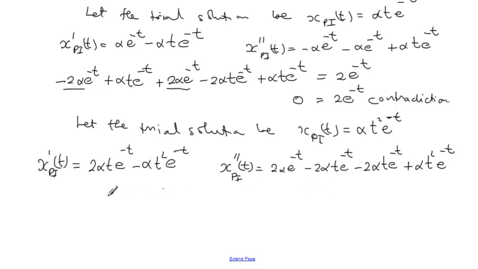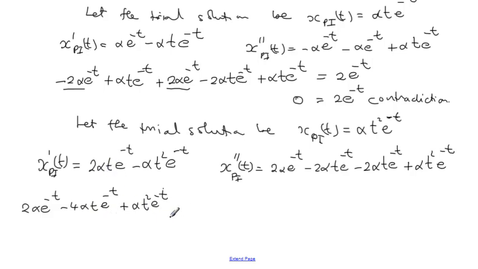Substituting these derivatives on the left hand side of the equation and simplifying these terms here, we got 2 alpha e to the power minus t minus 4 alpha t e to the power minus t plus alpha t squared e to the power minus t. That's our second derivative there.